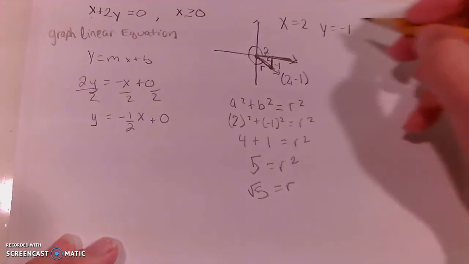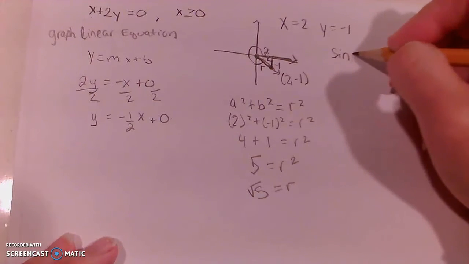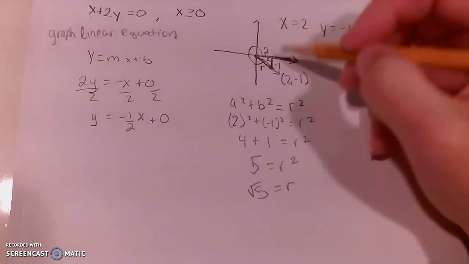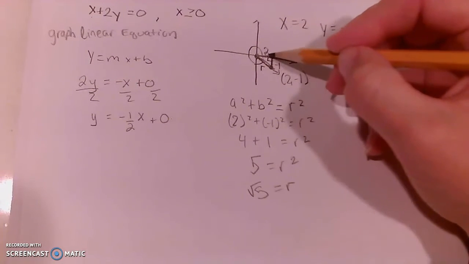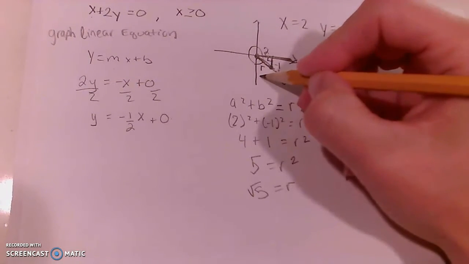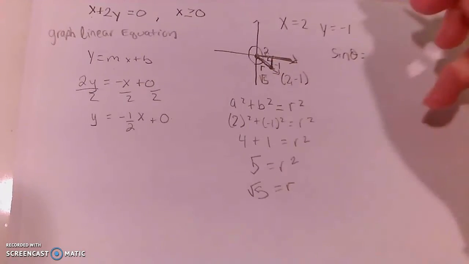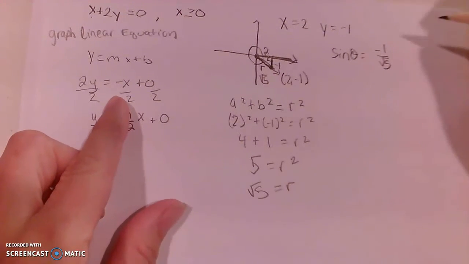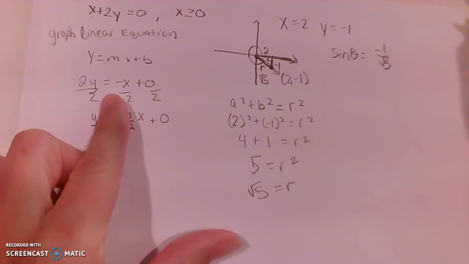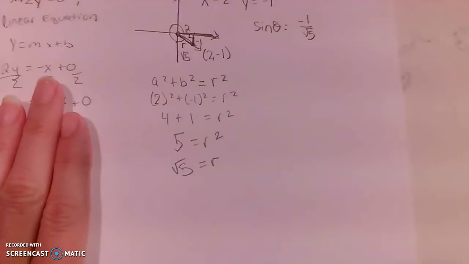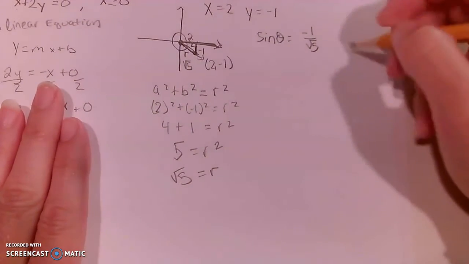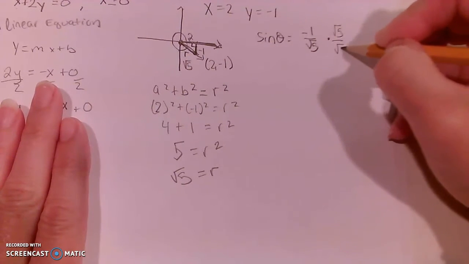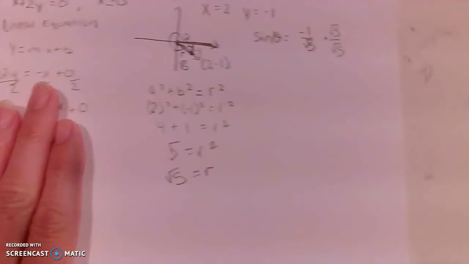For our sine, we don't know the angle, but we call it theta. I could think of opposite of the angle over the hypotenuse. And remember, r is root 5. So negative 1 over root 5. But we can't have a square root in the denominator, so we have to rationalize the denominator by multiplying by root 5 over root 5. If you've taken some algebra, you've seen this before.